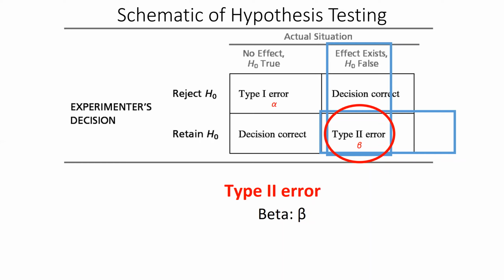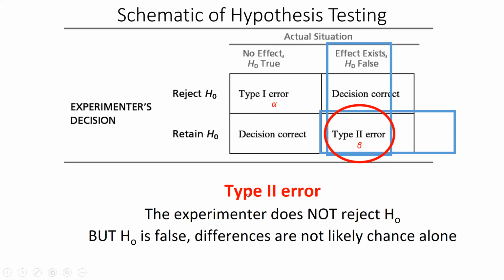So that's type 2 error. The experimenter does not reject the null hypothesis, but the null hypothesis is false. The differences between the means are not likely due to chance alone.